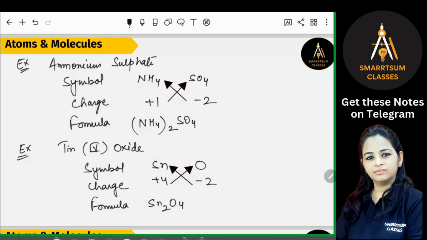Now look at the valencies here: 2 and 4 both have a common factor 2. So we divide both valencies by 2, simplify it, and write it as SnO2, right? So tin 4 oxide is SnO2. Tin 4 oxide means the valency of tin here is 4, so that's why we write 4. Sometimes an element shows more than one valency, so in such cases we generally write the valency in a bracket. Okay, please note.